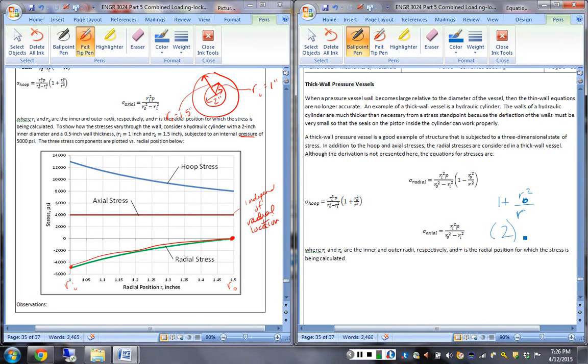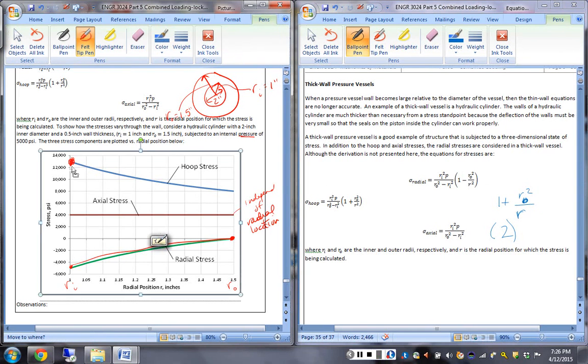As we go from the inner radius to the outer radius, we see that we go from a larger number tending down, so that the multiplier factor ends up at 2, and we are in fact at 2 times the axial stress.